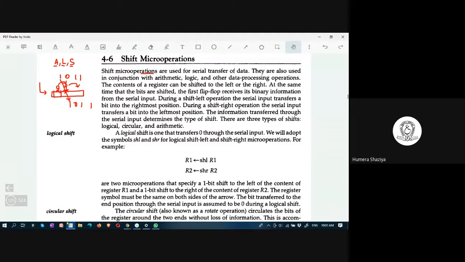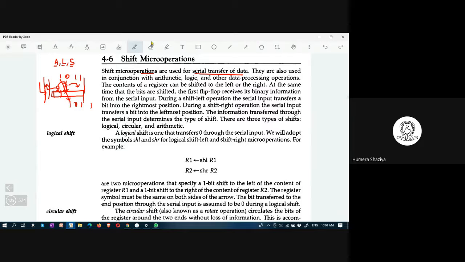And what is the use of shift microoperations? It is used for serial transfer of data. Serial transfer of data means what? One by one. If there is a way here and there is a wall here, then one by one, students would come out. First, this student will come out.